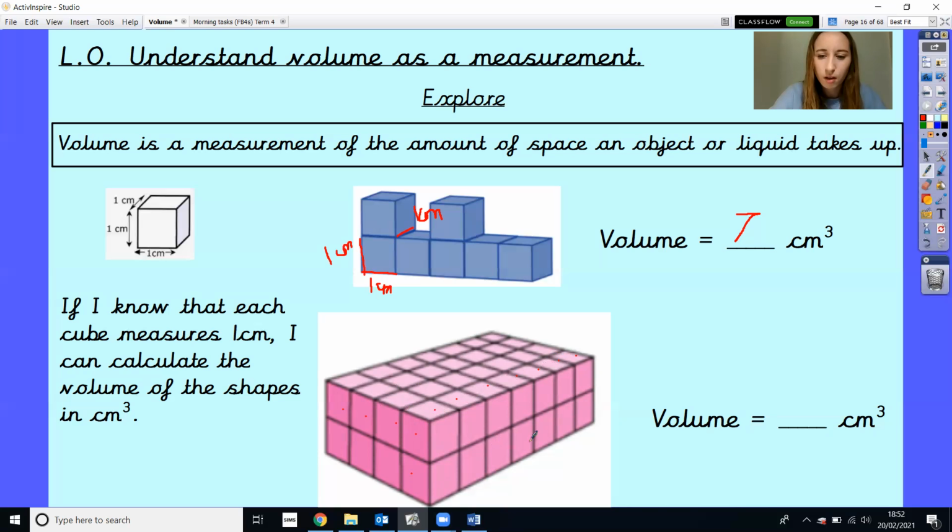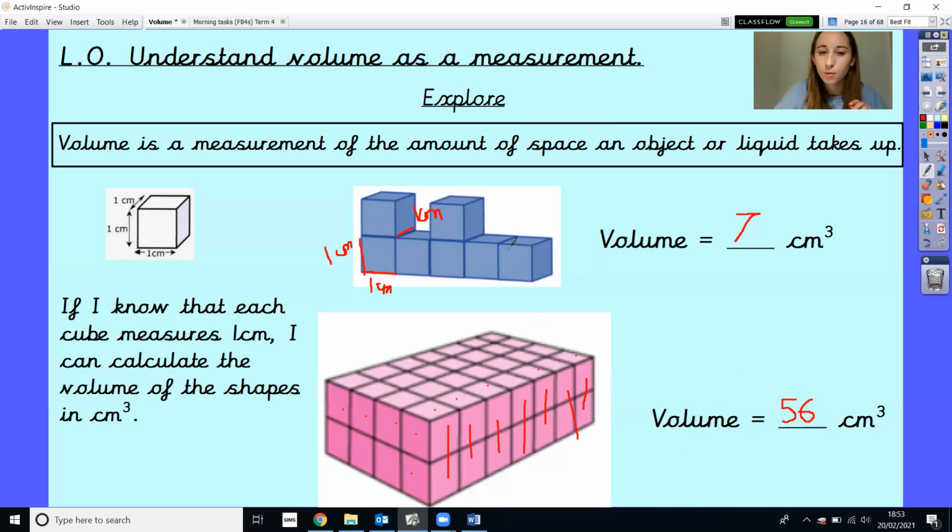So I'm going to use my multiplication skills to help me with this one, instead of just trying to count all the cubes and thinking about the ones that are hidden. So I'm going to start by thinking, well, there's 8 here, and I've got 7 lots of 8. Okay, so here's 1 lot of 8, 2 lots, 3 lots, 4 lots, 5 lots, 6 lots, 7 lots. Terrible drawing. So 7 lots of 8 cubes. So 7 times 8 is 56. So I know my volume will be 56 centimetres cubed.